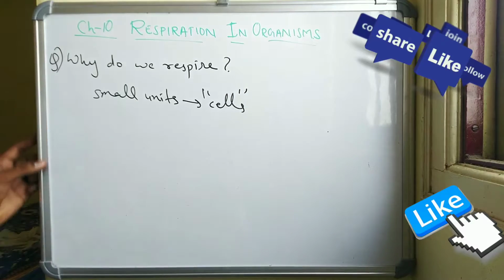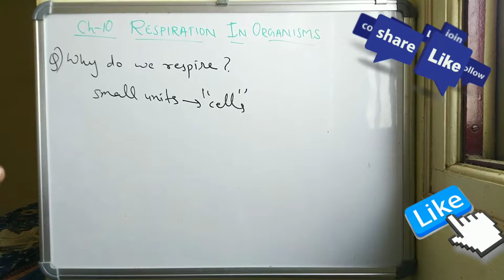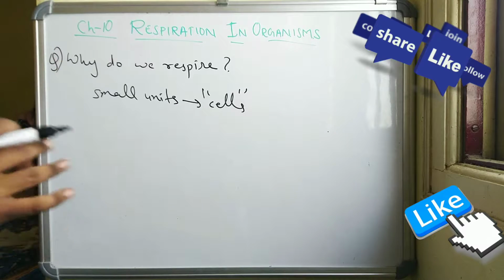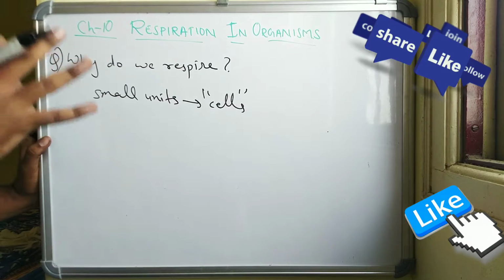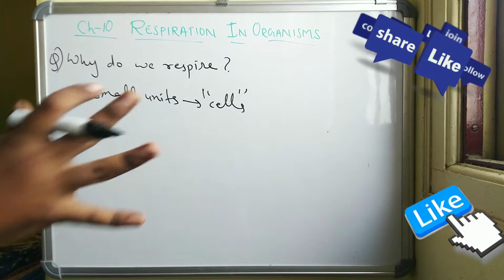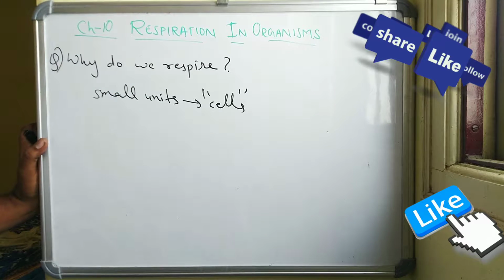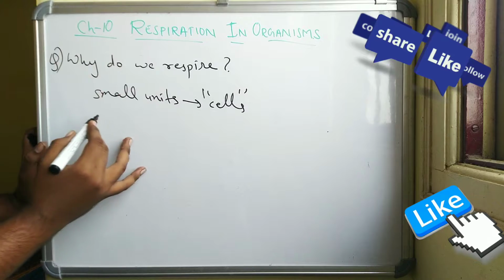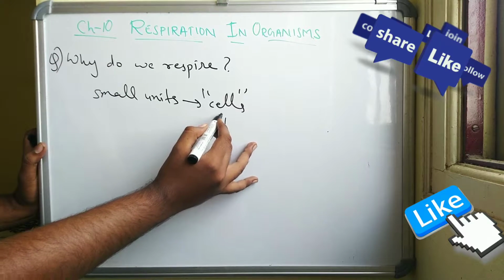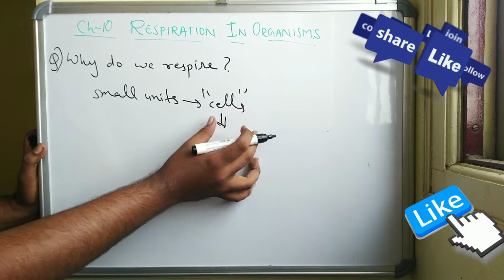In detail, we will be studying cells in the 8th class. So remember that cells are present in our human body, or in all living organisms. These cells perform some functions.